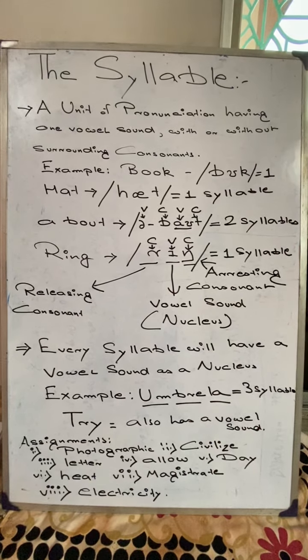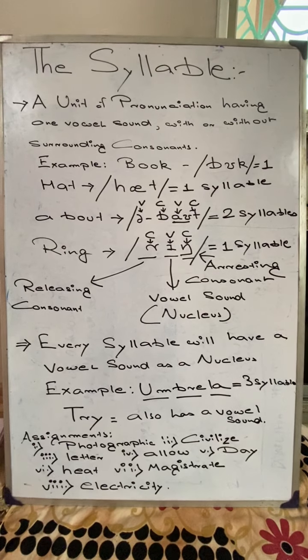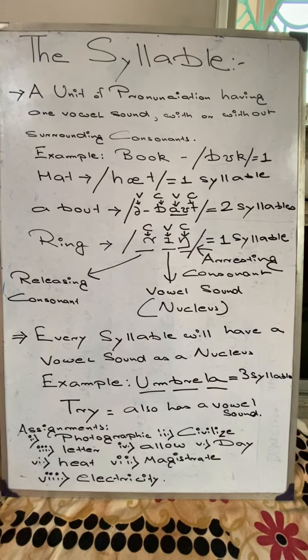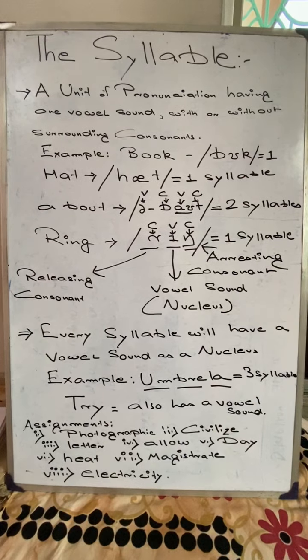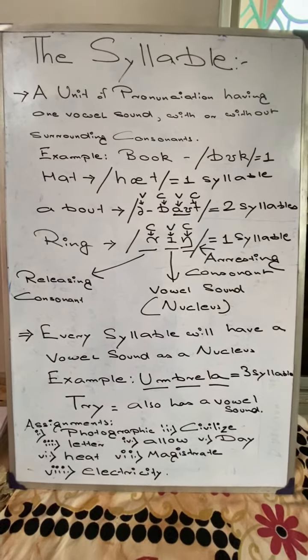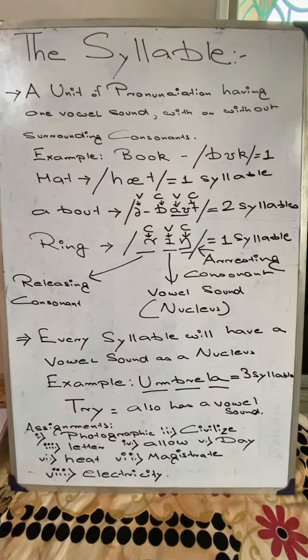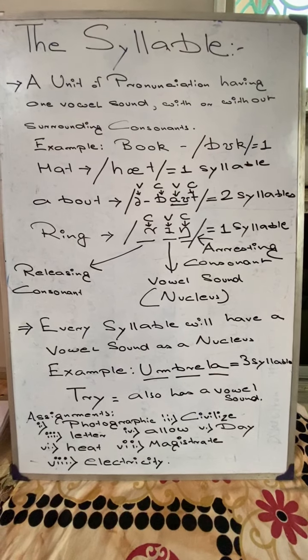So we will be dealing with the first important step that we need to understand in order to attempt a scansion of either a poem or a prose. Today's class will be a very brief class on identifying the number of syllables in a particular word.